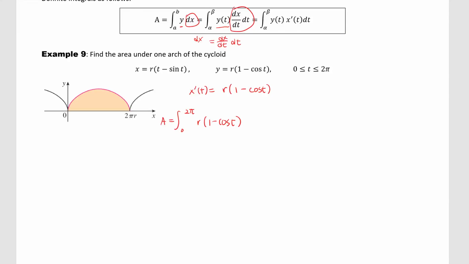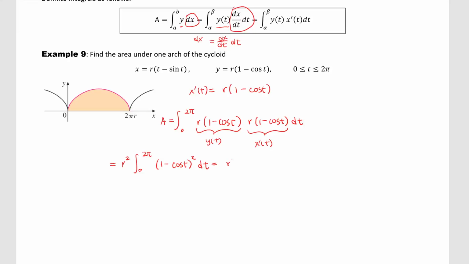This is y of t. This is x prime of t. But actually, they're the same. Okay, r and r give us r squared. We can pull it out. And then we have 1 minus cosine t squared.